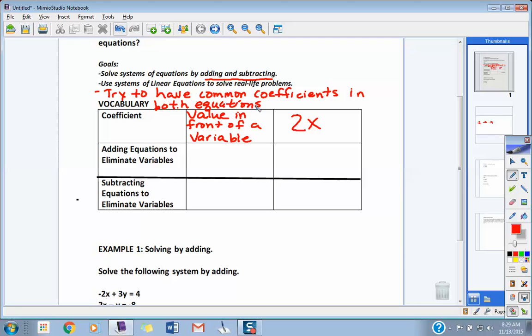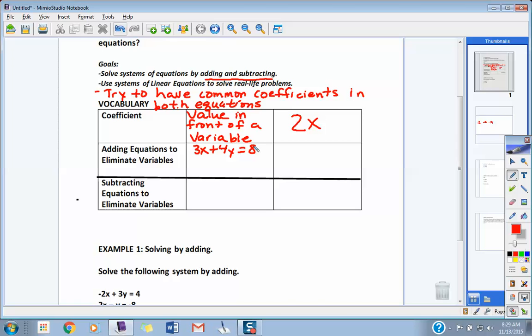All right, so kind of more vocab that I'm going to turn back to. It's really a process instead of vocab, but another process I want to look at here is what adding equations to eliminate variables means. And we're going to use that process to solve these systems here. So here's an example of adding equations to eliminate variables. Suppose you have something like 3x plus 4y equals, I don't know, 8.